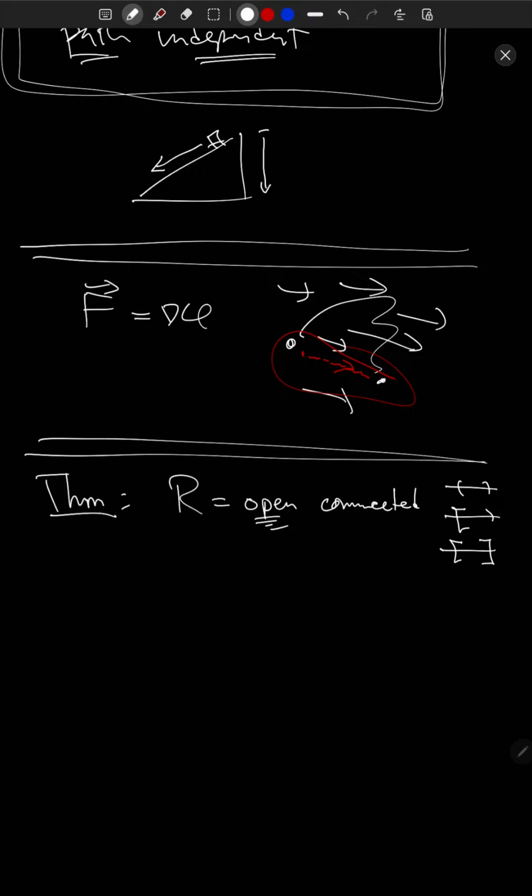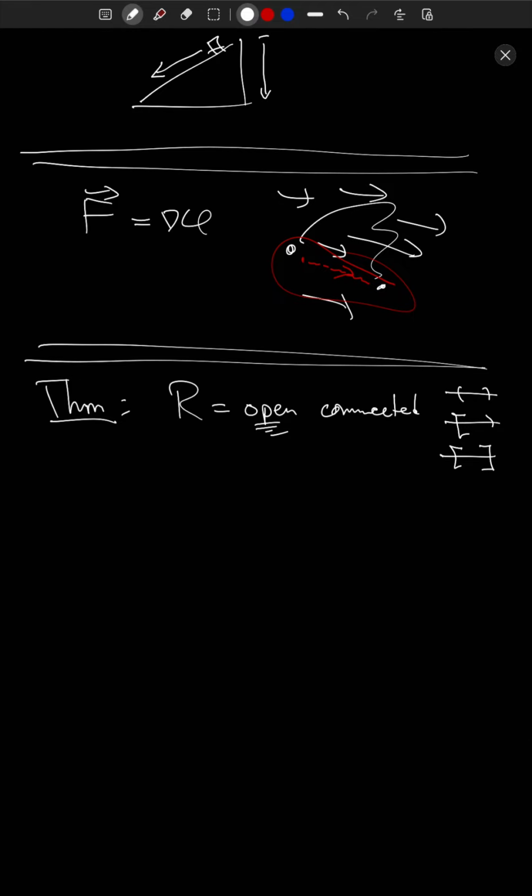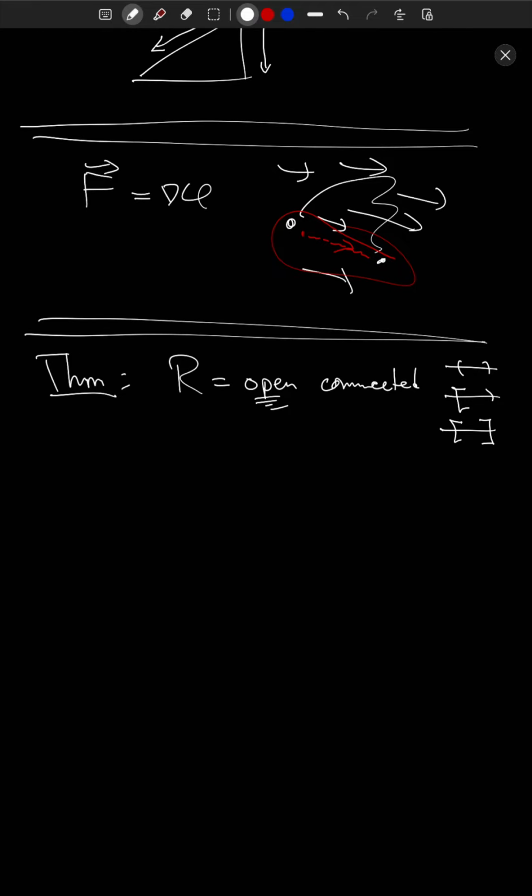We're not going to dwell on it too precisely, but that's the idea. An example of an open region would be x squared plus y squared less than 4. An example of a region which is not open is x squared plus y squared less than or equal to 4.